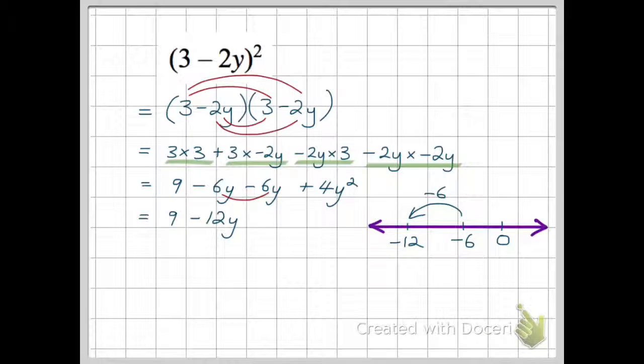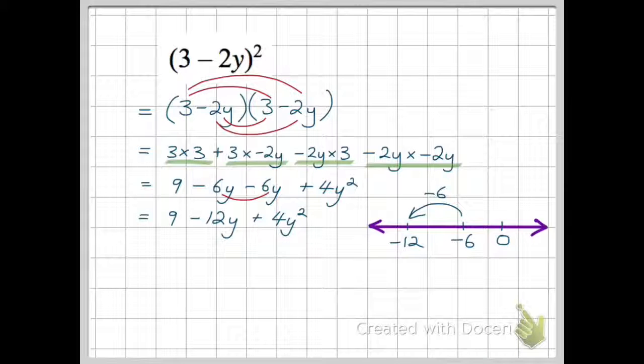It's not 6 minus 6 equals 0. We didn't start with positive 6, we started with negative 6. So the final answer must be an even larger negative number. And we write the 4y squared on the end. Are we done yet? No, because it's standard to write these expressions in descending order of the powers.